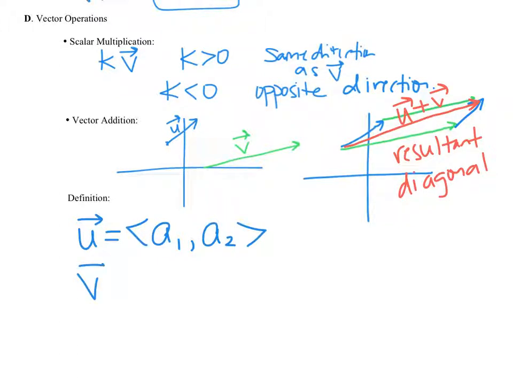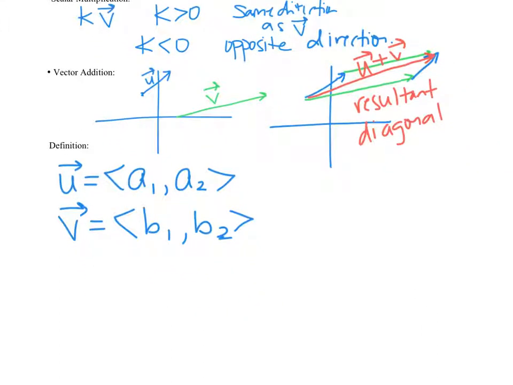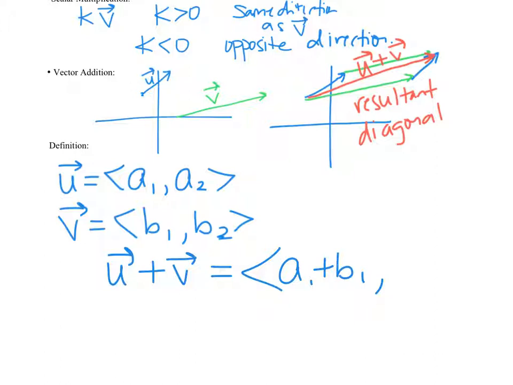And vector v in component form is b1, b2. Then we can add them up, u plus v. It's exactly what you think it's going to be. What do you think it's going to be? a1 plus b1, comma, a2 plus b2. That's how you add up two vectors.